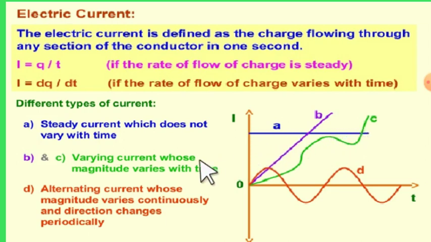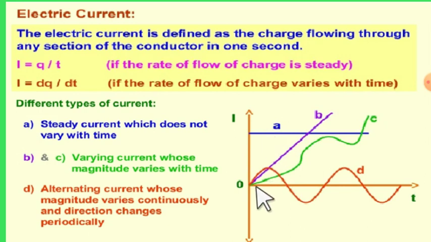For varying current there may be various types. It may be either B, C or D. In the case of B, current increases with the time. So when time increases, current also correspondingly increases. Got it?